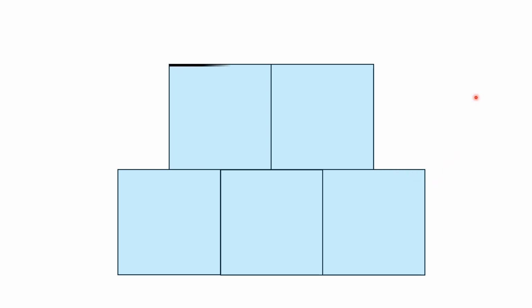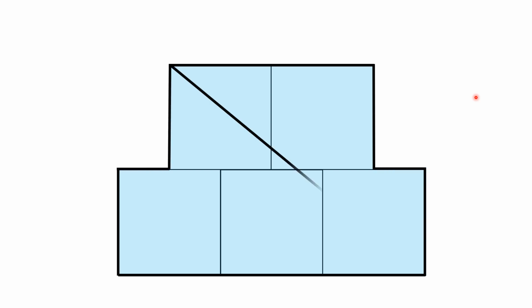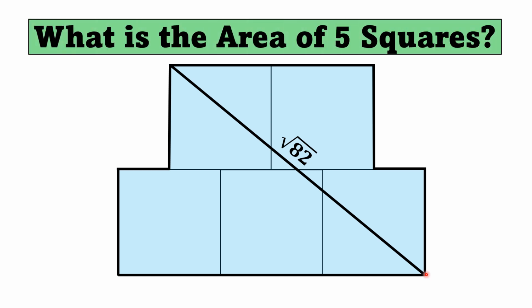So if we have this diagonal given, which is square root of 82, then by this limited data we have to find the area of these five squares.